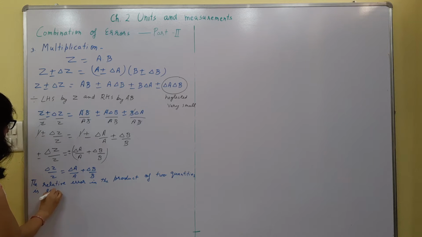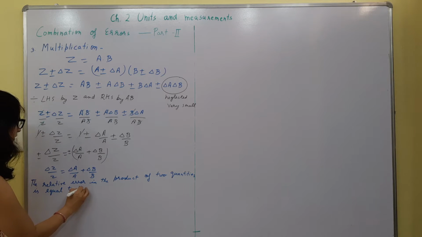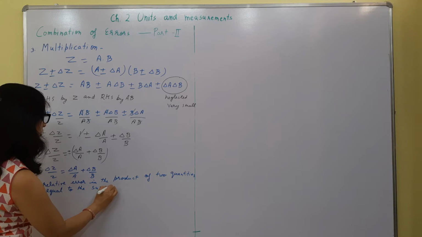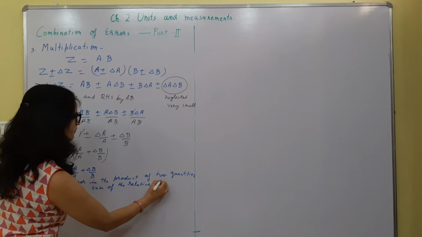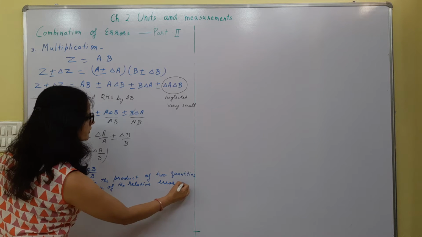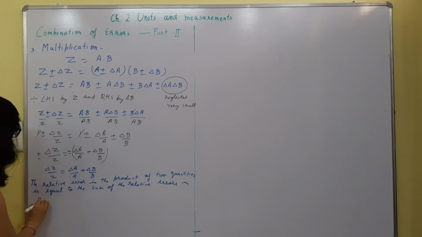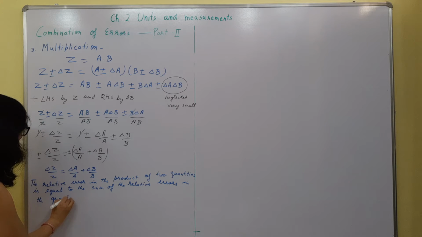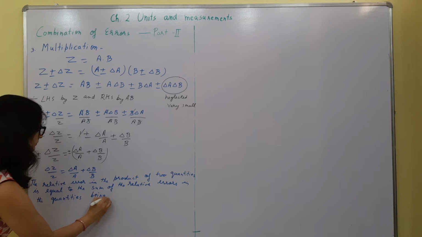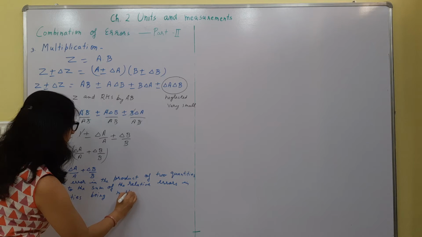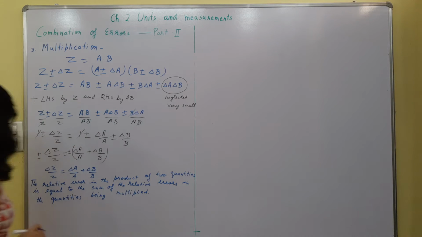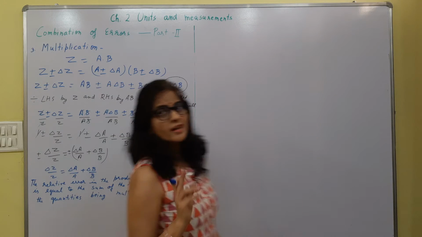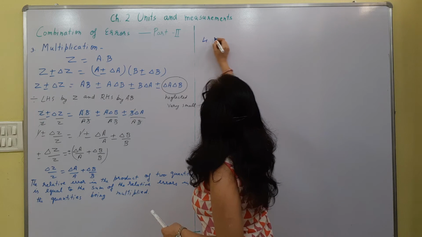It is equal to the sum of the relative errors in the quantities being multiplied, right? So let's take the last case, that is the division.